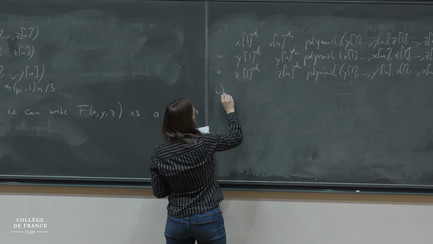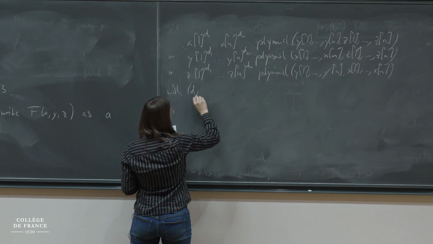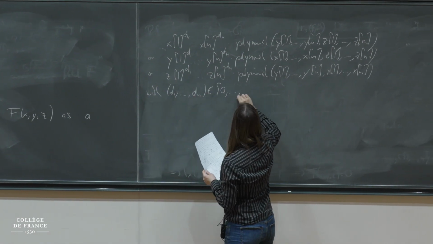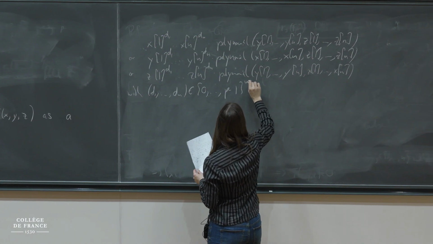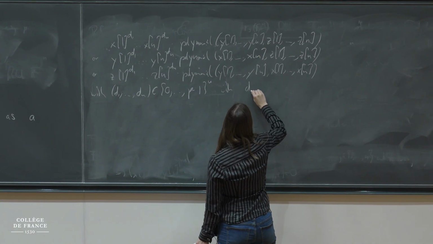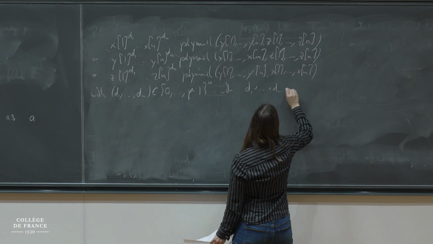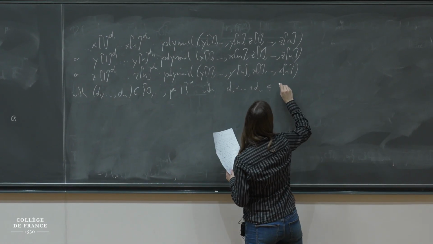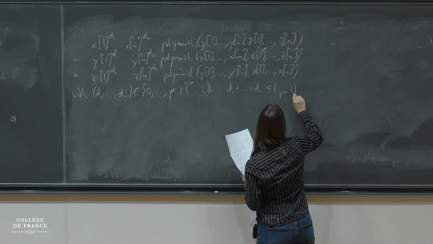So again with d1 and so on to dn in 0 and so on to p minus 1 to the n, so that their sum d1 plus and so on plus dn is at most p minus 1 times n over 3.